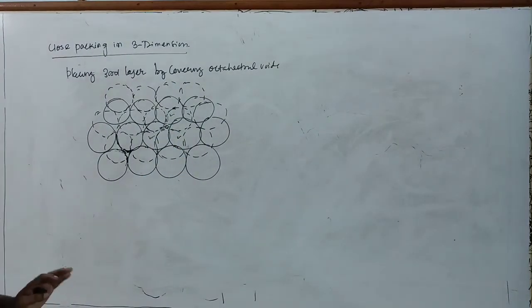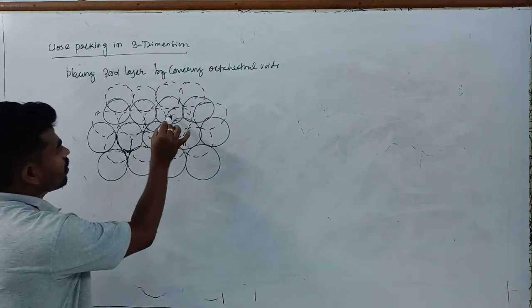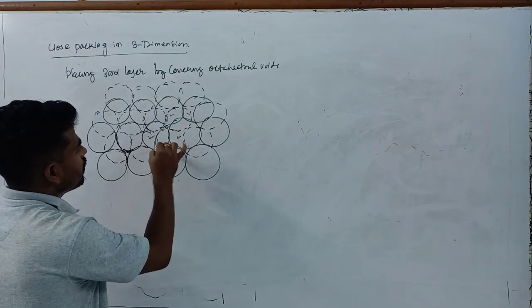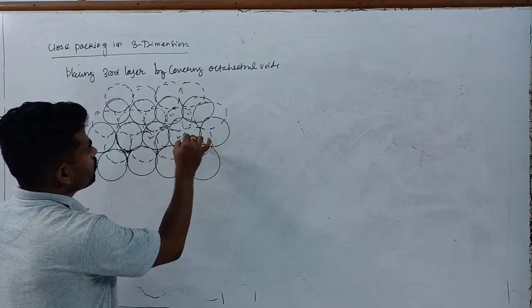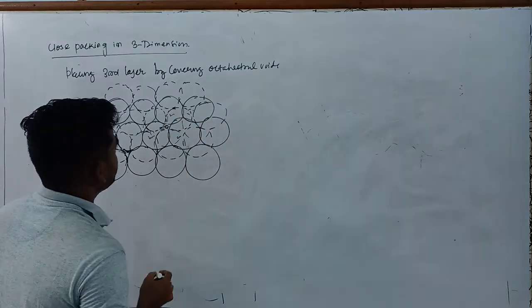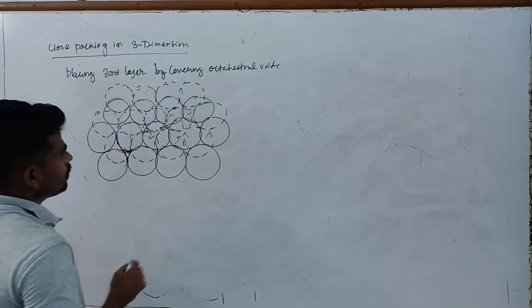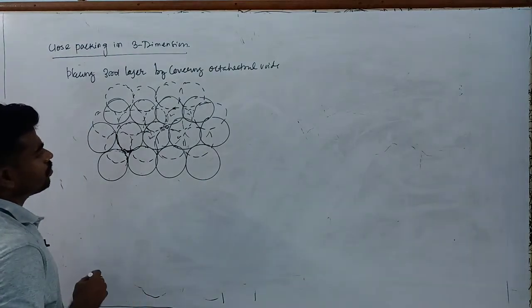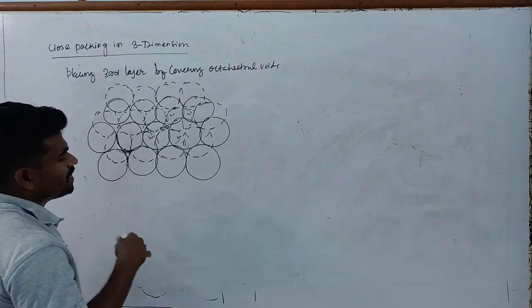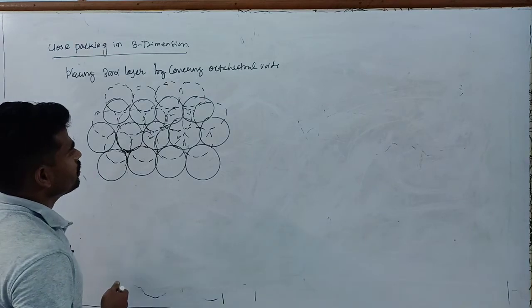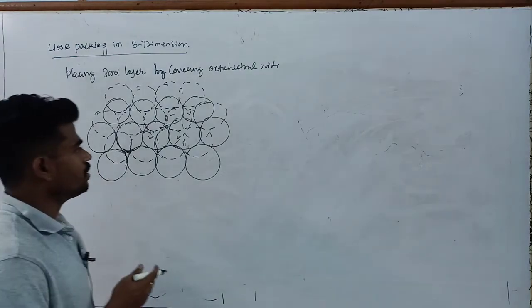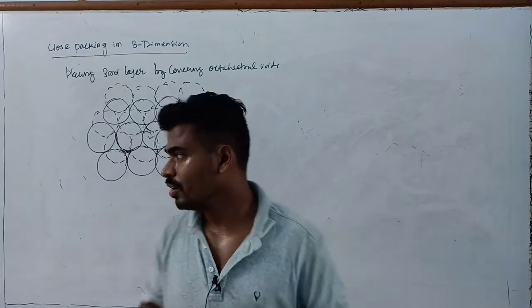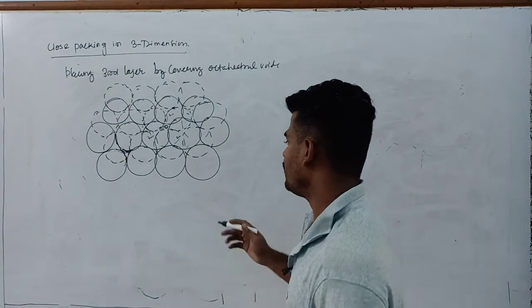If I place the next sphere covering these octahedral voids, a little bit of complication will be there. You just imagine if I cover the third layer over octahedral void, so I am getting ABC type arrangement. Okay, so it's very difficult for me to visualize in a 2-dimensional plane. So definitely it follows.